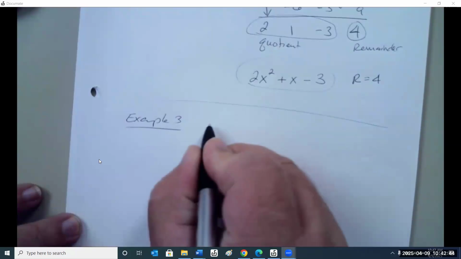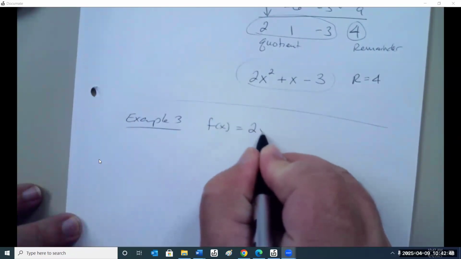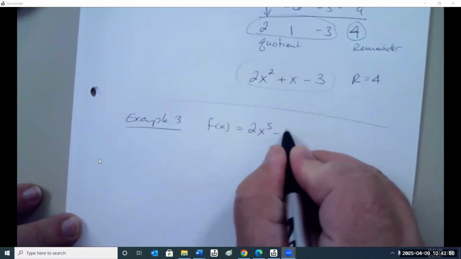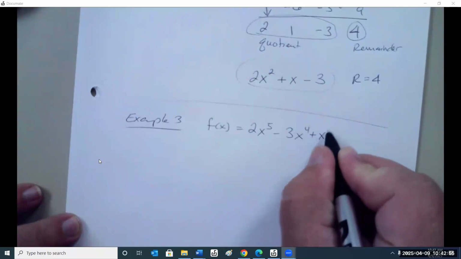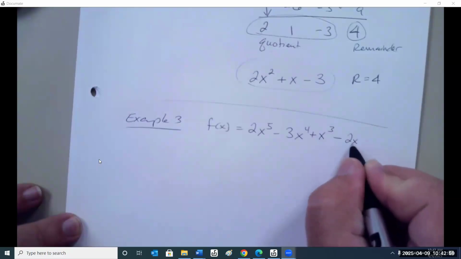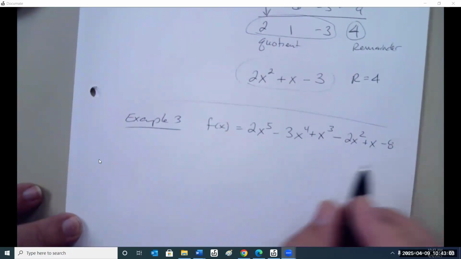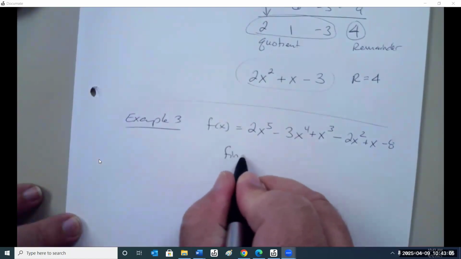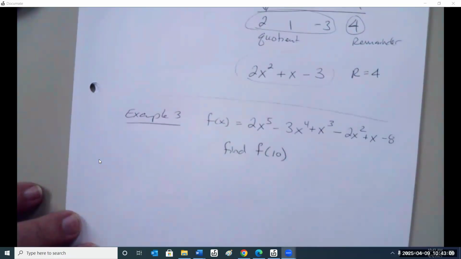Example 3. F of x equals 2x to the 5th minus 3x to the 4th plus x cubed minus 2x squared plus x minus 8. Find f of 10.